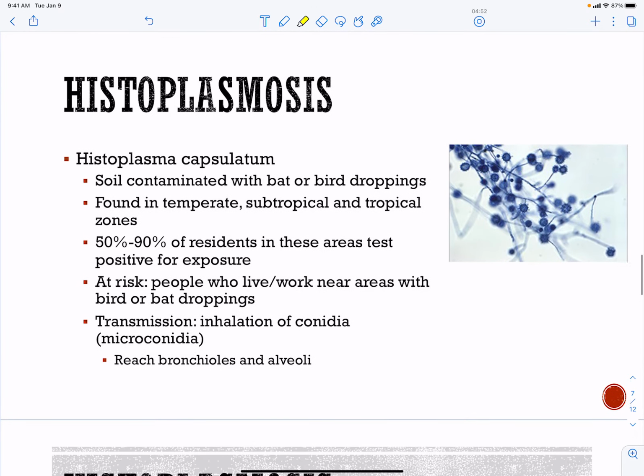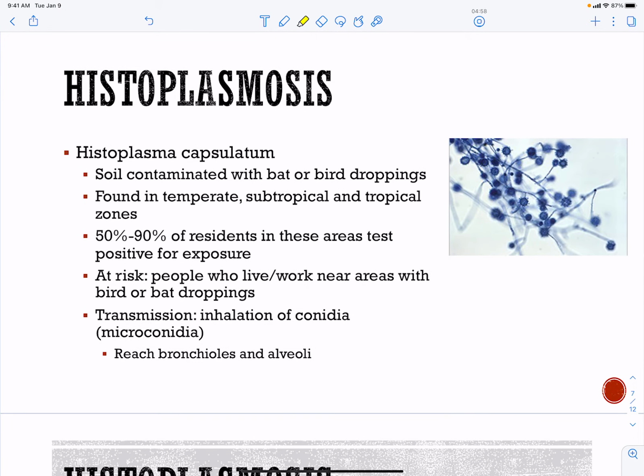Another is histoplasmosis. This is caused by Histoplasma capsulatum. This one is associated with soil with bird or bat droppings, so it likes acidic soils. It's going to be found in particular areas, subtropical and tropical zones. In the areas where residents live, you can find antibodies for histoplasmosis in people because that means they've been exposed.